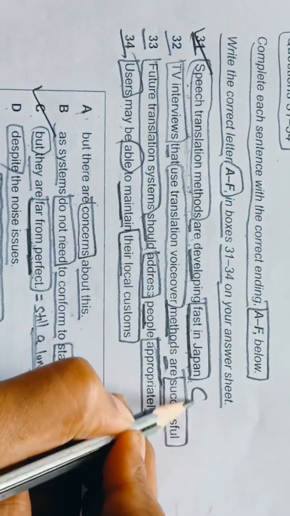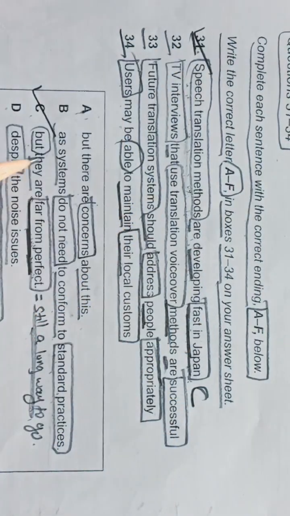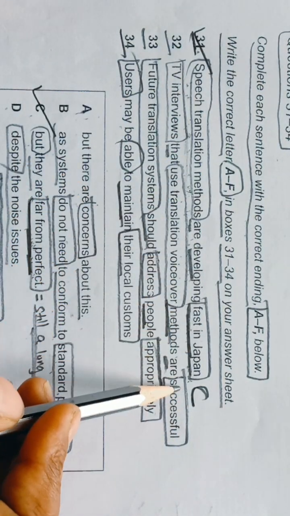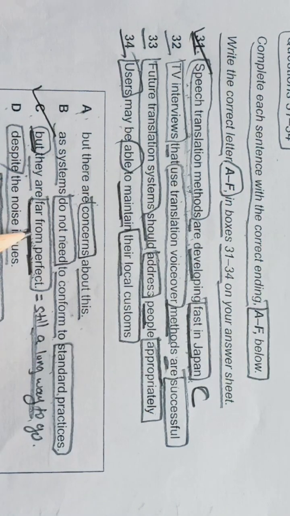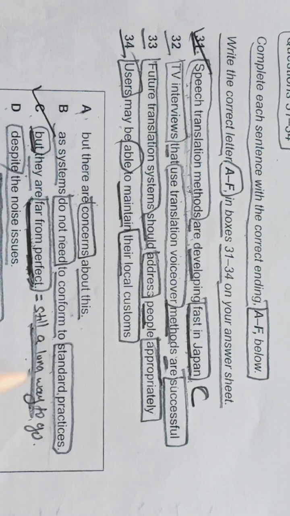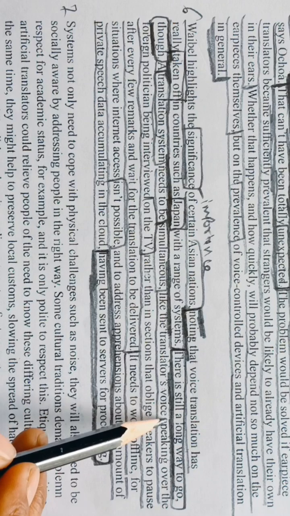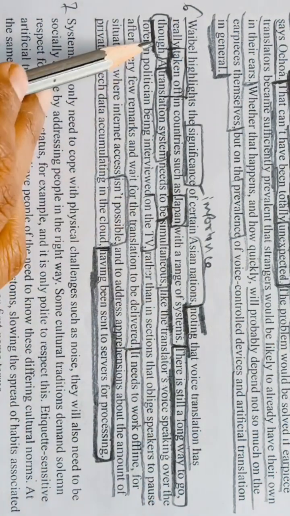So we will write C in front of 31 in our answer sheet. Speech translation methods are developing fast in Japan, but they are far from perfect. Far from perfect means still a long way to go. We have seen the same line here. There is still a long way to go though. I hope you understood this.